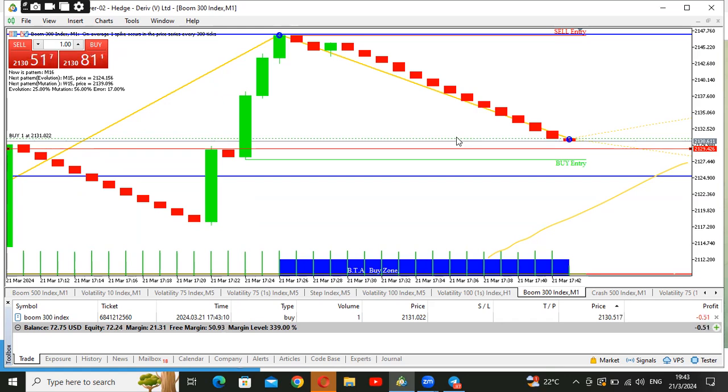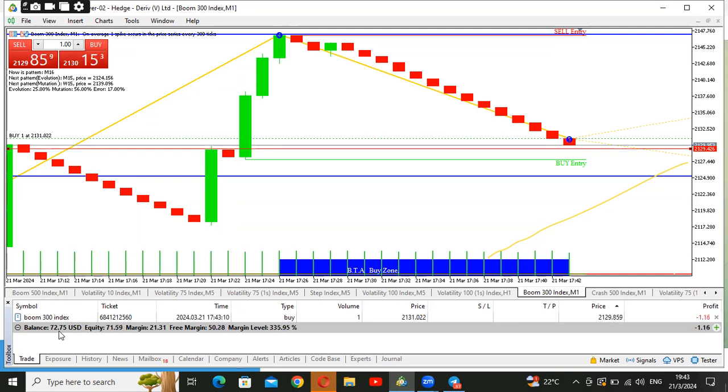When I say to those who are in my VIP, I usually highlight the risk you're supposed to risk in your account. Sometimes I'll tell you to risk at least 20% of the account. Let's say this account right now is 72. If I say risk 20%, it simply means your stop loss should be around $14. So the moment it reaches $14, no matter the lot size you have used, you have to close.